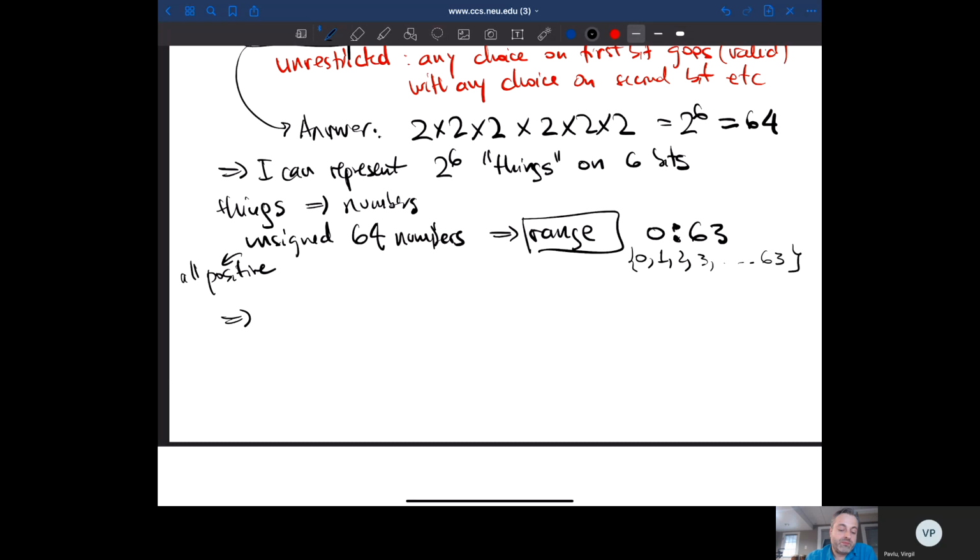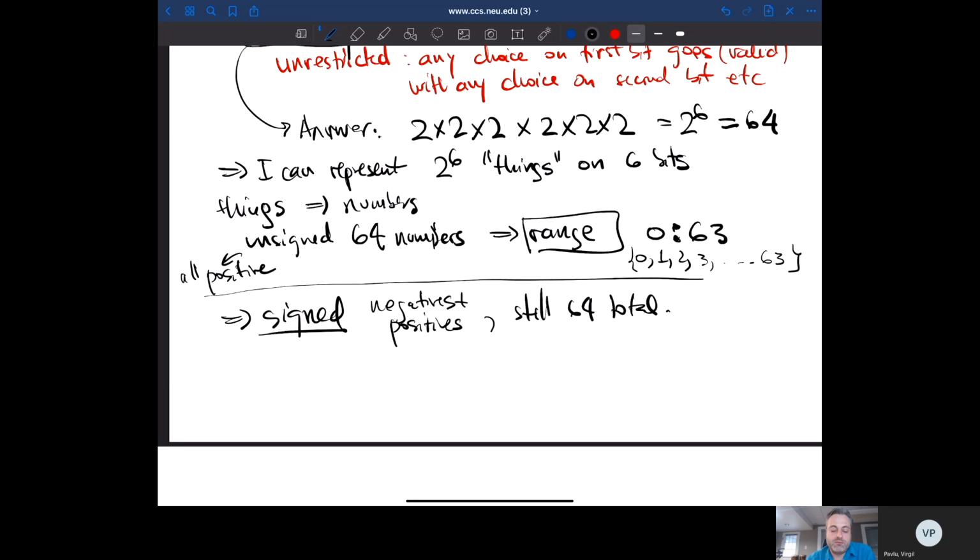Or if I want signed, that means negatives plus positives, but still 64 total. So then I get a different range, right? I'm going to put a line here to be clear. Now my range is still 64 total options, but I want some positives and some negatives.